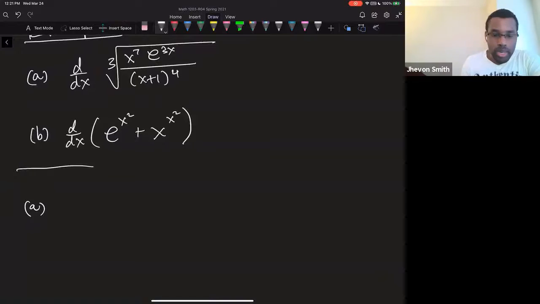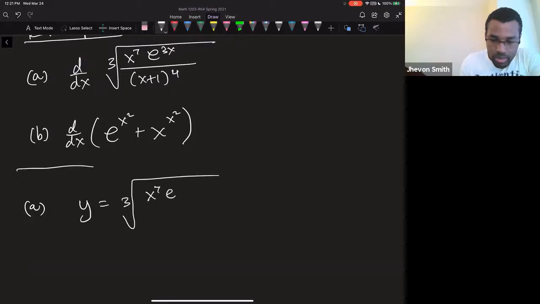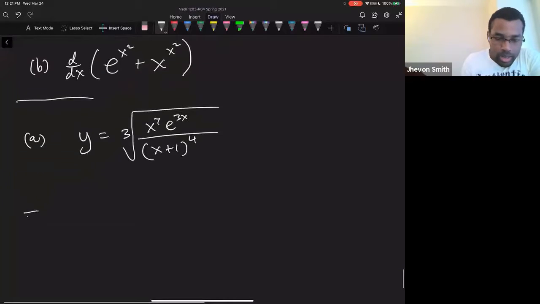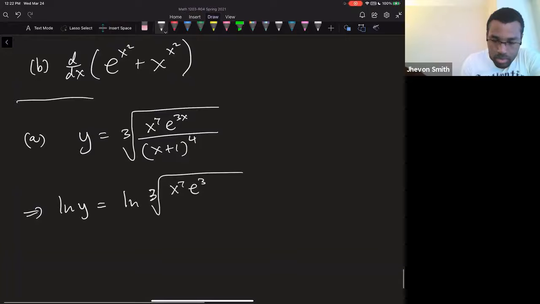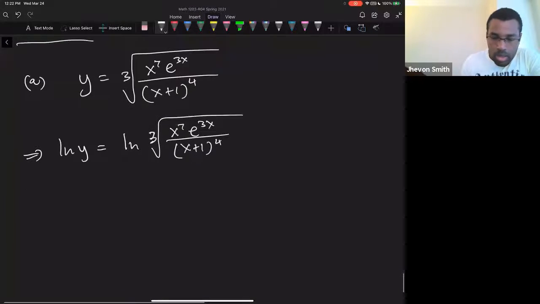Yeah, so what we can do here is set y equals the cube root of x to the 7 e to the 3x over x plus 1 to the 4th. Then I can log both sides. The log allows me to simplify the right side.